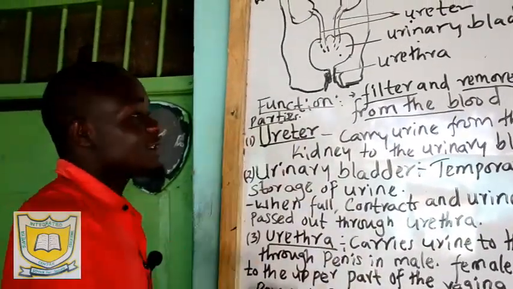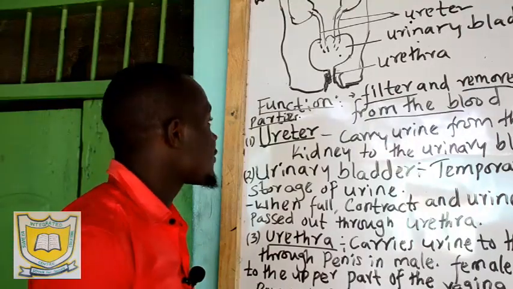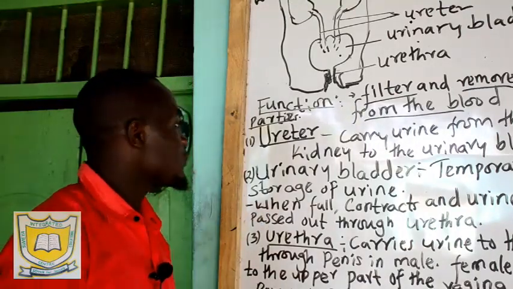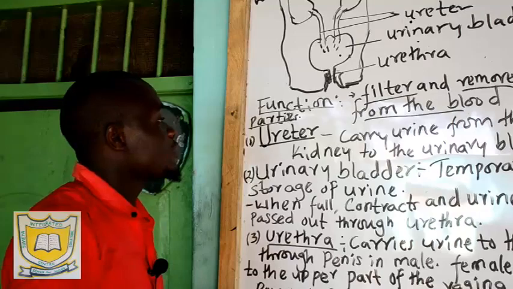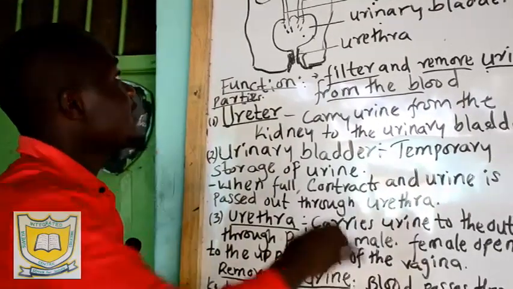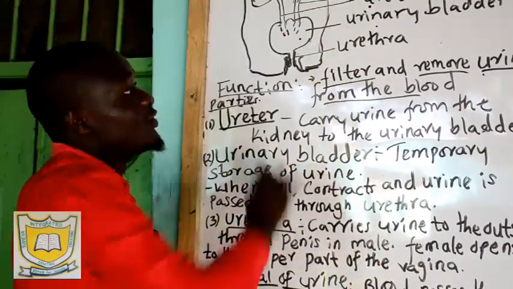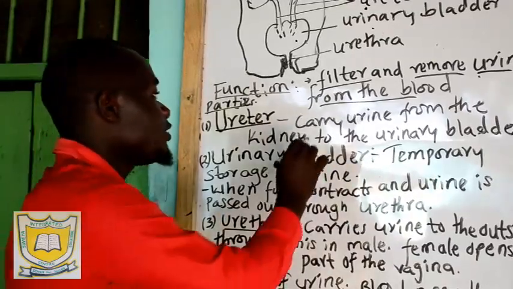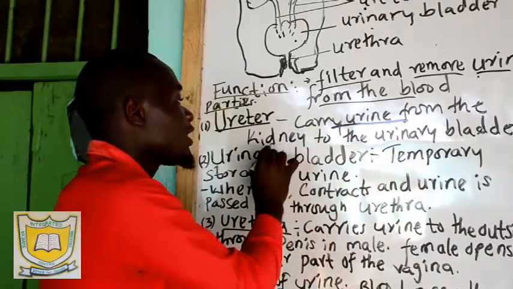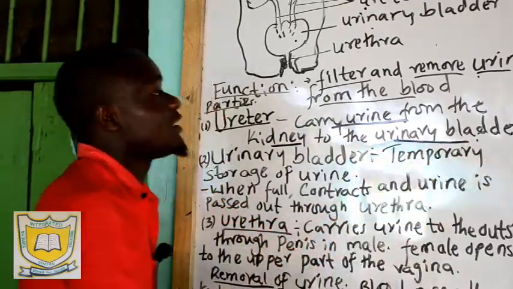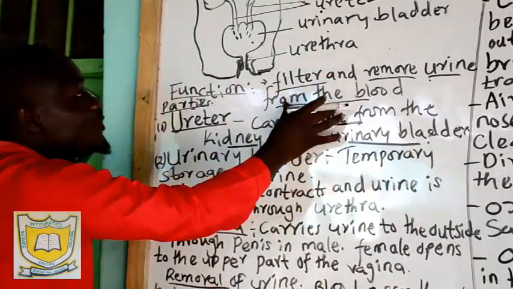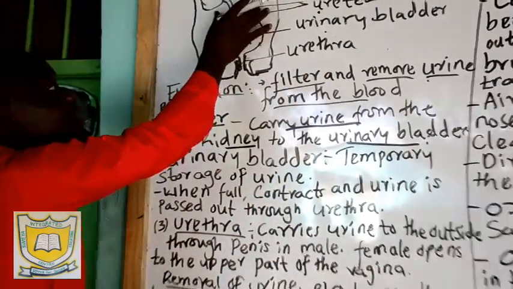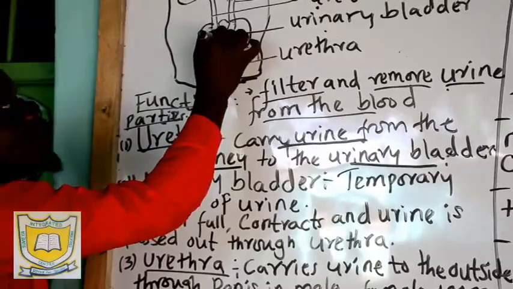Now let's discuss the parts of the kidney system. The first part I am going to discuss is the ureter. The ureter joins the kidney and the urinary bladder. Its function is to carry urine from the kidney to the urinary bladder. The kidney filters urine, and after filtering, that urine is transported to the bladder.